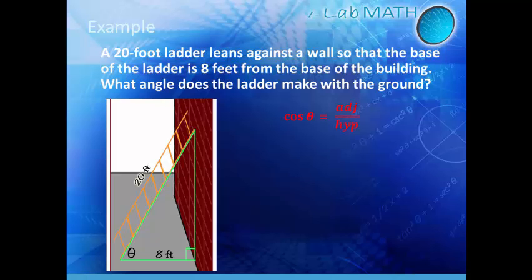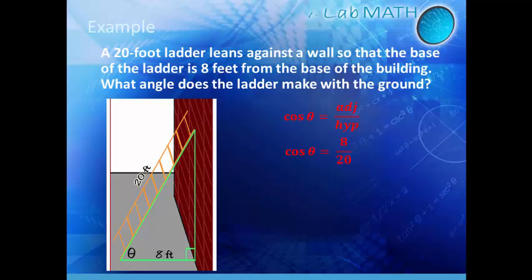What function are we going to use? We are given the adjacent side and the hypotenuse. So for acute angle theta, we will be using cosine theta, which is equal to adjacent over hypotenuse.